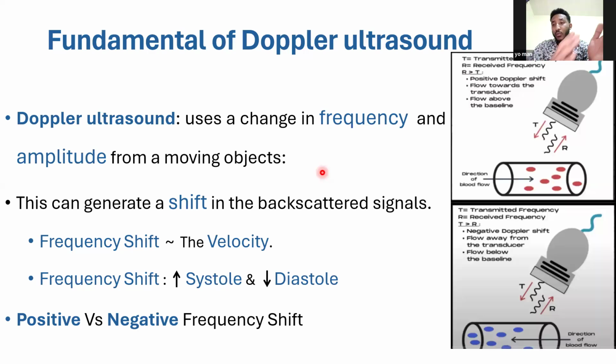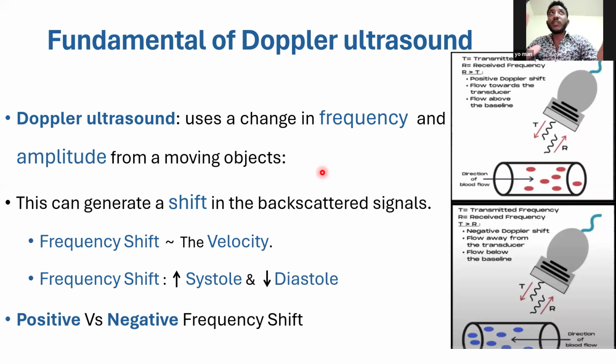When an object moves from point A to point B, there is a change in frequency when the probe receives the transmitted wave. There is not only a change in frequency, there is also a change in amplitude. Those changes are registered on ultrasound machines, and we can see those waveform or frequency changes in terms of color Doppler or spectral Doppler.